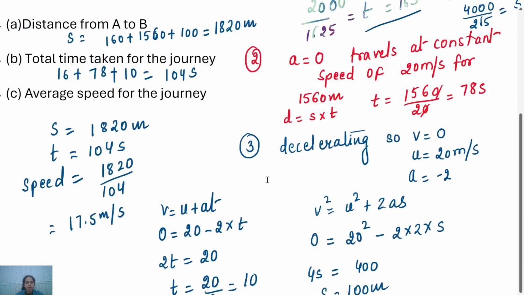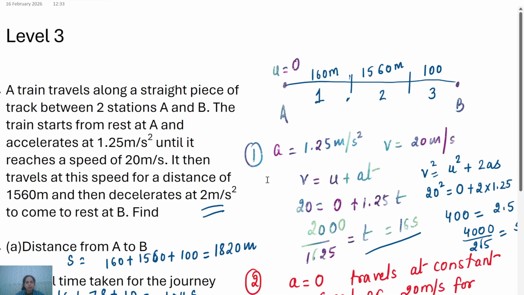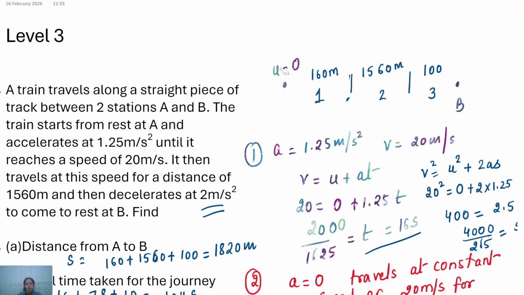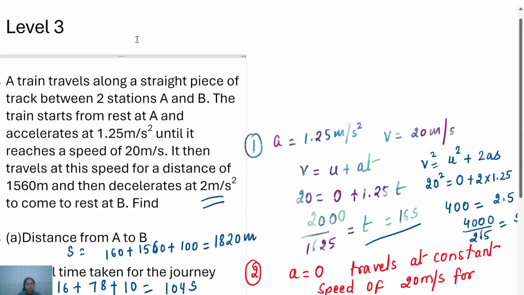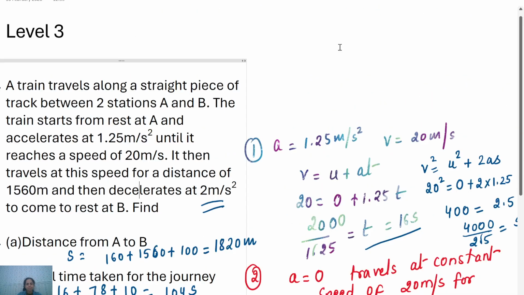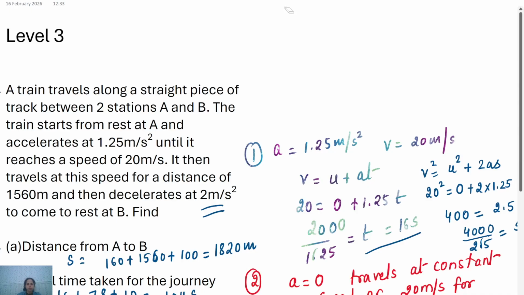I'm just going to clear this so that we can have a clear space. Because this question is asking us again the same thing, I'm just going to draw the graph.